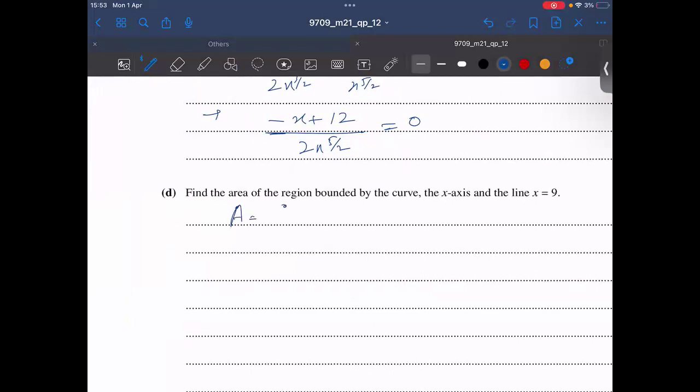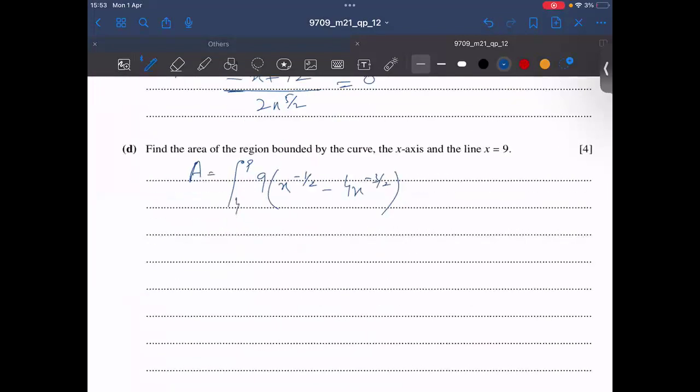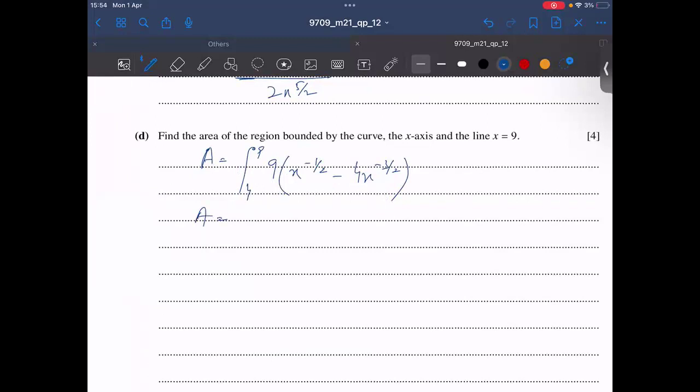It's going to be area from 4 to 9 of 9x to the power of minus half minus 4x to the power of minus 3 over 2. Going to be half divided by half minus.